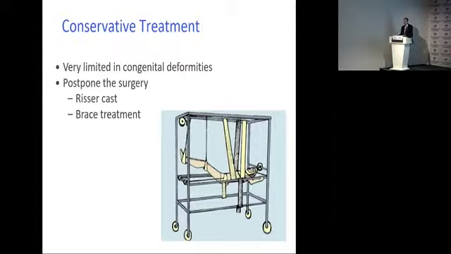In recent years, especially after 2010 or maybe 2005, many deformity centers all over the world started again to use the risser cast. As we all know, this is a historical treatment method, but now it is popularized again by many surgeons, and is really important for early onset scoliosis.